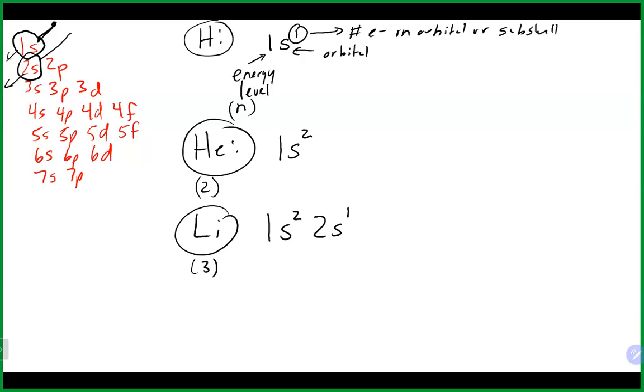I have how many electrons on the first energy level? 2. How many electrons on the second energy level? 1, yes. And I know that's the second energy level because that's a 2. So that is basically the n equals 2 level that we are at now with our electrons. Question on that there?